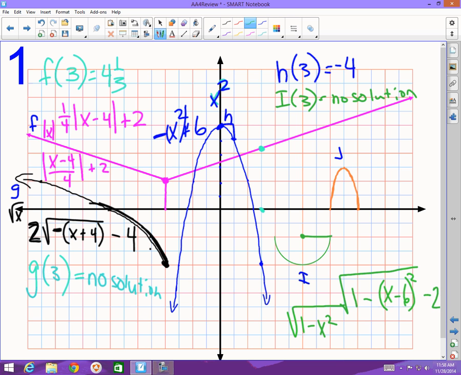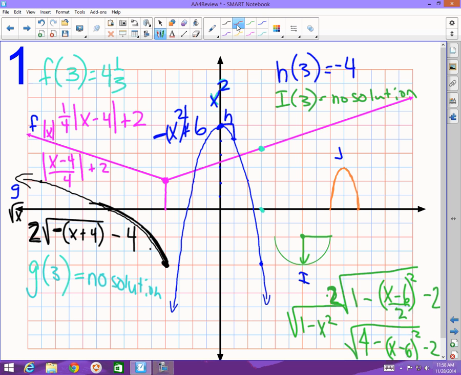Now it's stretched 2 this way and it's stretched 2 that way. So you can put a 2 here. And you can also put a divide by and then a 2 there. Or you can just turn that into 4 minus x minus 6 squared minus 2 in the square root, because it's stretched both ways.